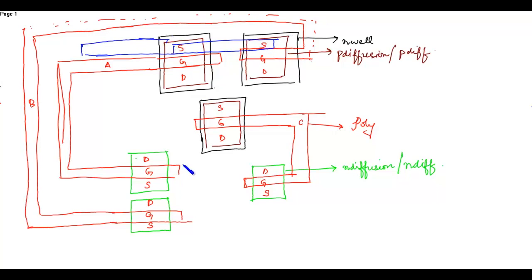Okay, they're connected to VDD, and the sources of the NMOS are connected to ground.